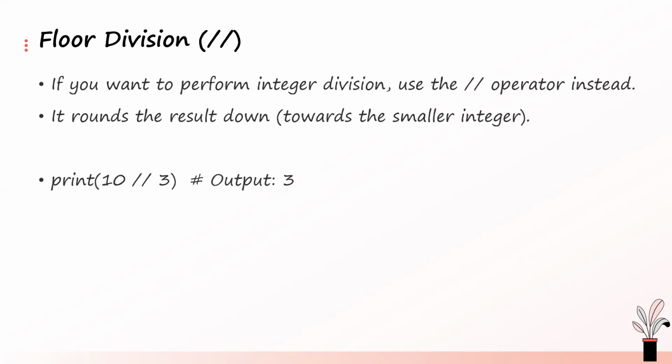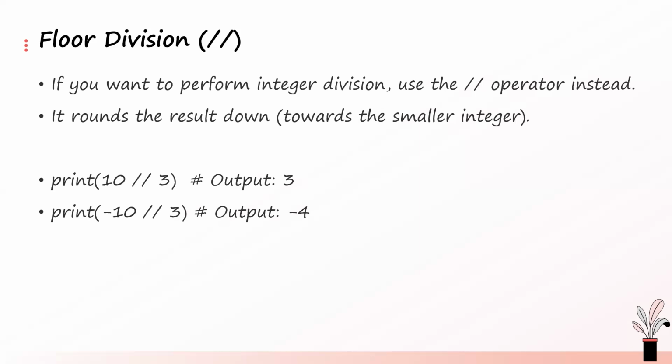So when you have 10 floor division by 3, it is normally supposed to give you 3.333, but it's going to just give you 3. It will round it down to the nearest whole number. If you want an integer, you use the double forward slash; if you want a float, you use just the one forward slash.